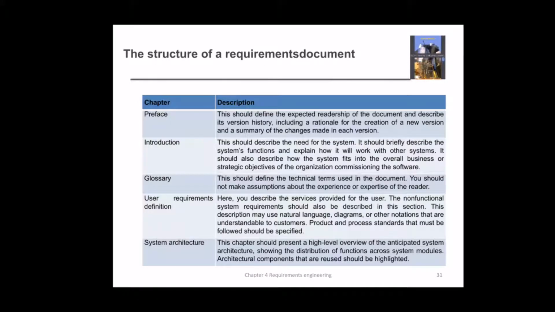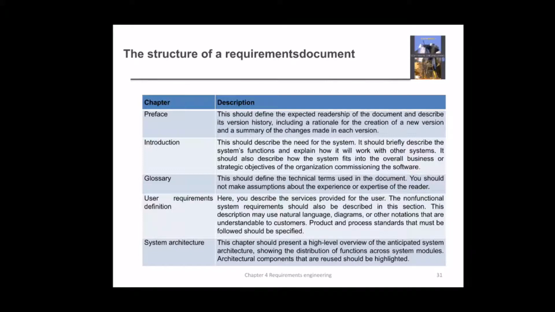This is the structure of a requirement document. The first chapter is a preface. It should define the expected readership: who is going to make use of this, whether users, designers, testers, or managers. It also describes the version history.